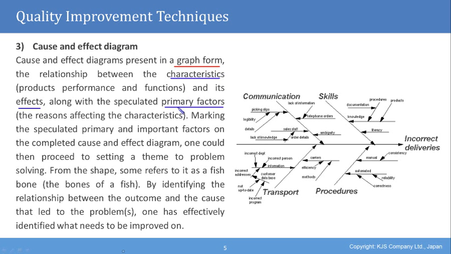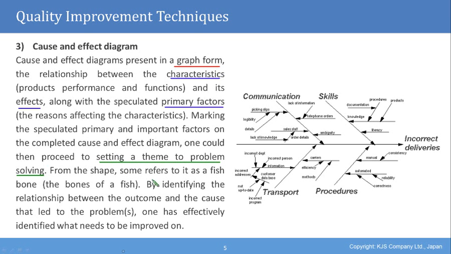By primary factors we mean the reasons affecting the characteristics. Marking the speculated primary and important factors on the completed cause and effect diagram, one could then proceed to setting a theme to problem solving. So this is about aiding problem solving.